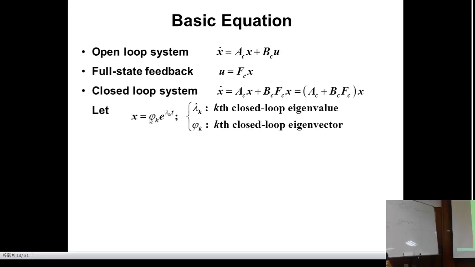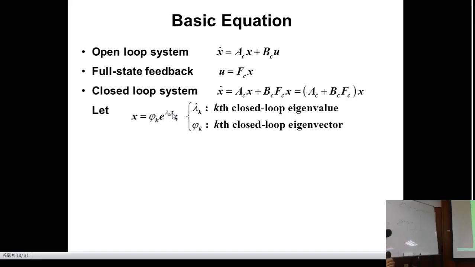This is psi k. Assume my x, the solution, is psi k e^(lambda k t). Psi k is the closed loop eigenvector. That's my x here.